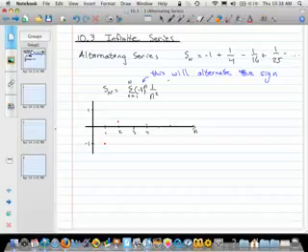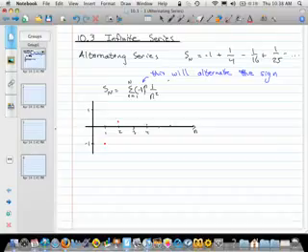What we're going to do with alternating series is look at the convergence of the absolute value, the absolute value of this alternating series.